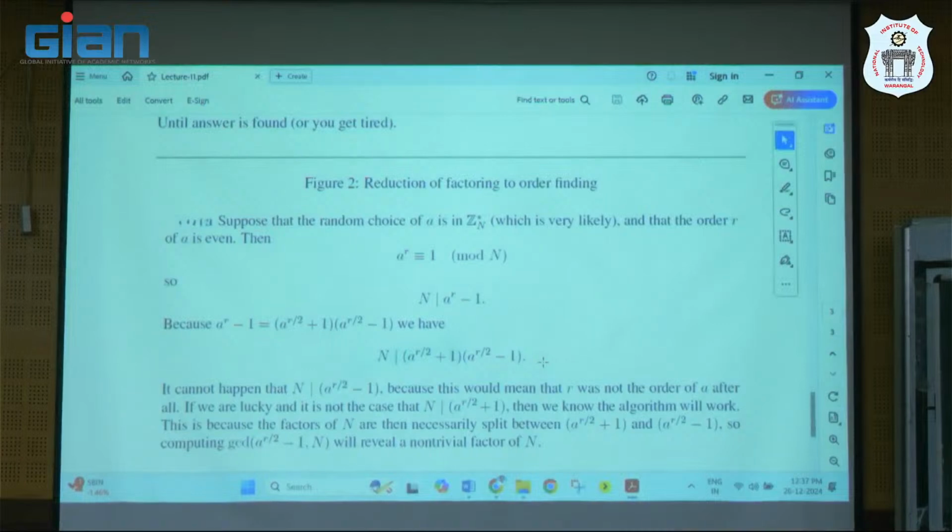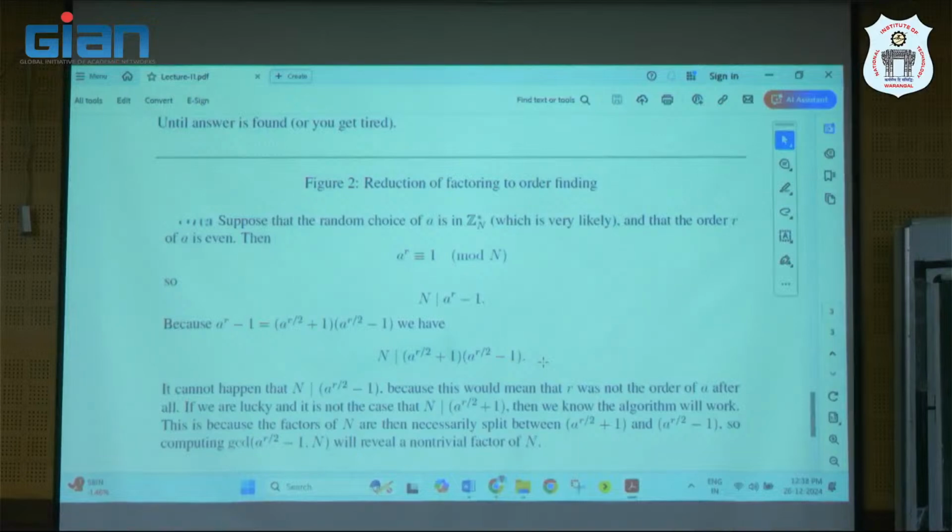Why? See, N is dividing this product, but it cannot be that N actually divides this one. Because if N divides A to the power R over 2 minus 1, that is 0 mod N, which means A to the power R over 2 is 1 mod N. That is a contradiction to the definition that R was the smallest.